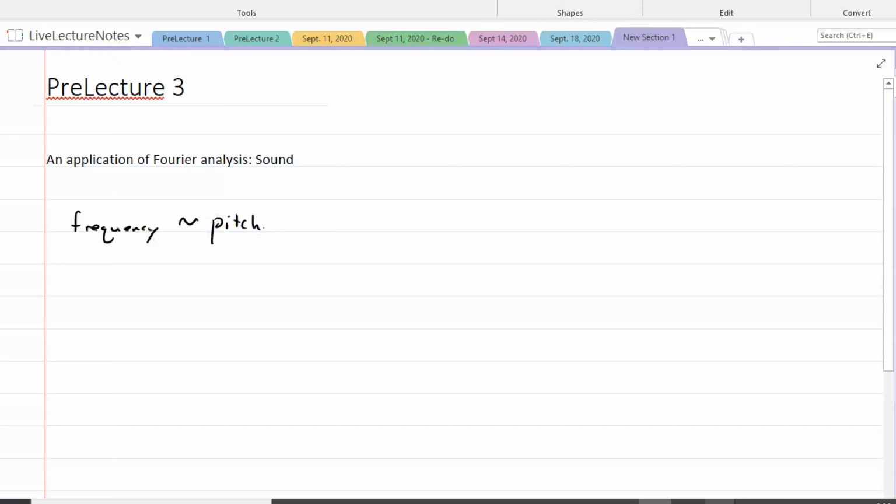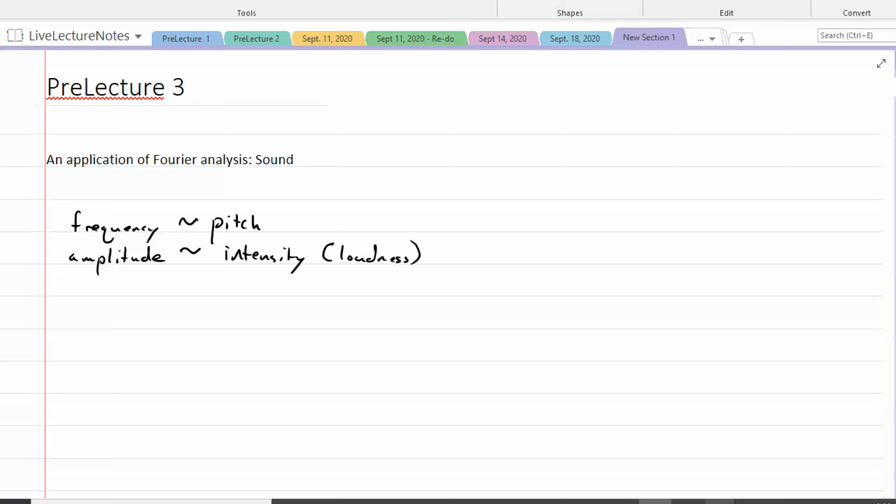The air molecules are oscillating faster back and forth. And the amplitude of the sound corresponds to the intensity or the loudness. Okay, so if I increase the amplitude of the oscillations, I will hear a louder sound. If I change the frequency, I will be changing the pitch.